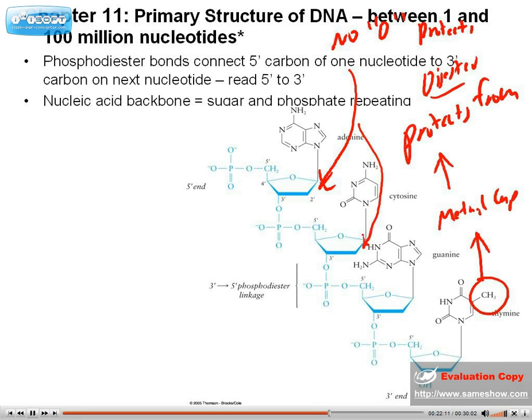So if the DNA is ever exposed to nucleic acid munching enzymes, those enzymes could never break down DNA. So that's one way that we ensure that the genetic blueprint is maintained. We do want to break down RNA, for example. Why?